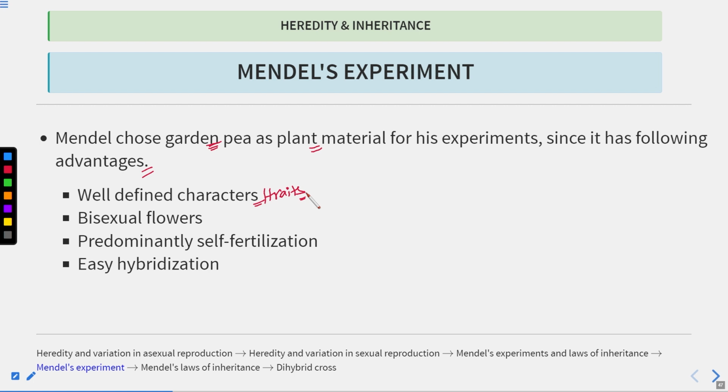You can also see the shape of the seed, whether the seed is round shaped or wrinkle shaped. So all the characters were very well defined. They had a clear distinction between the characters.